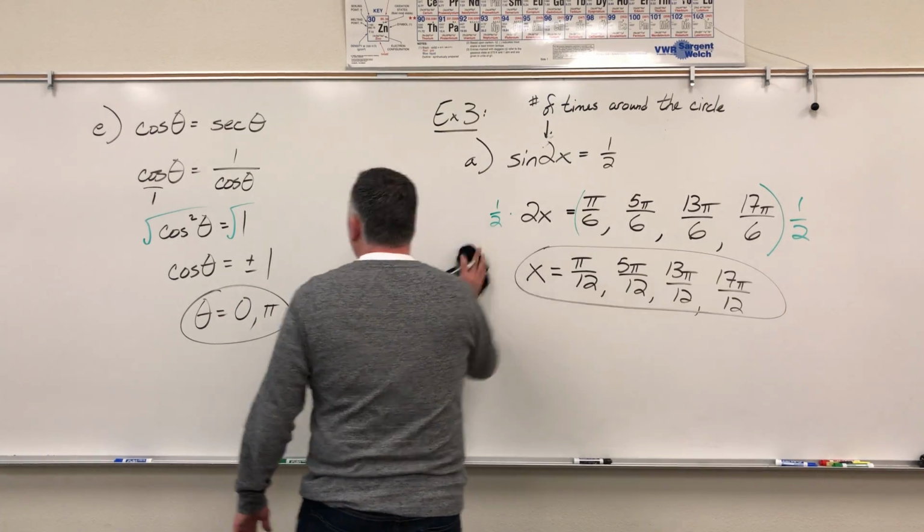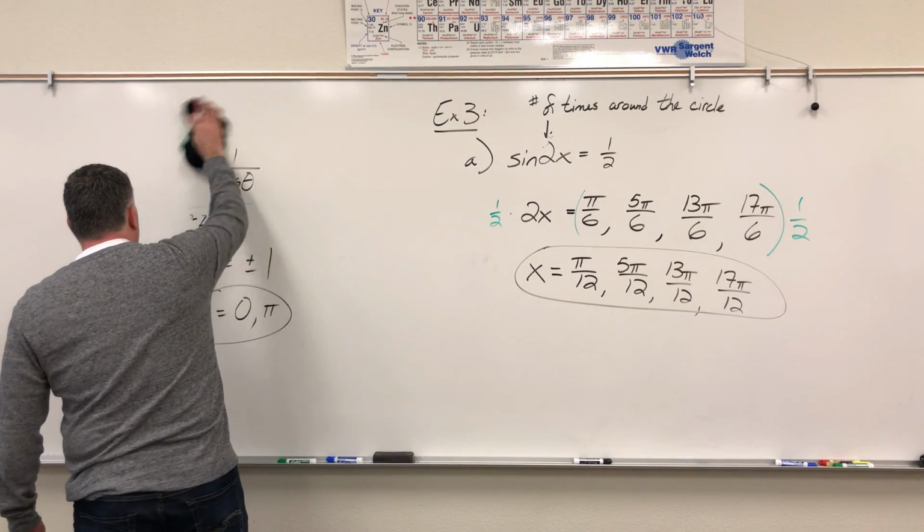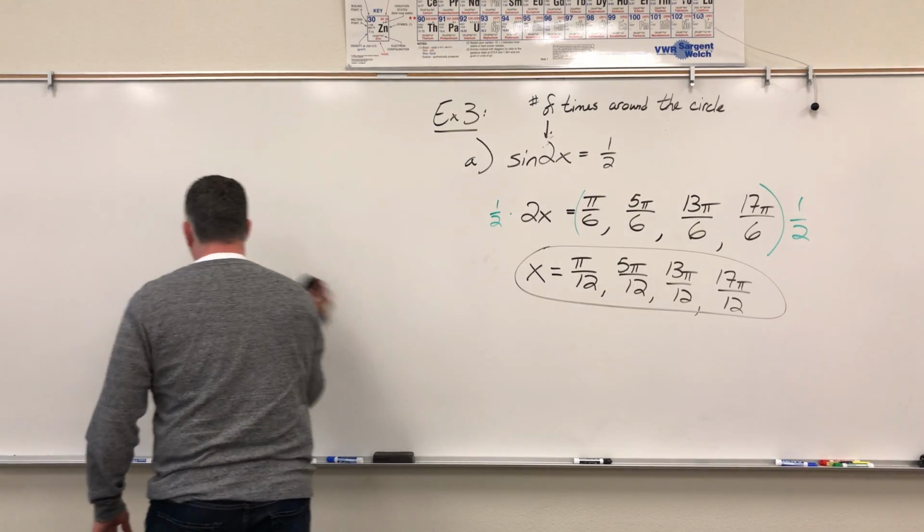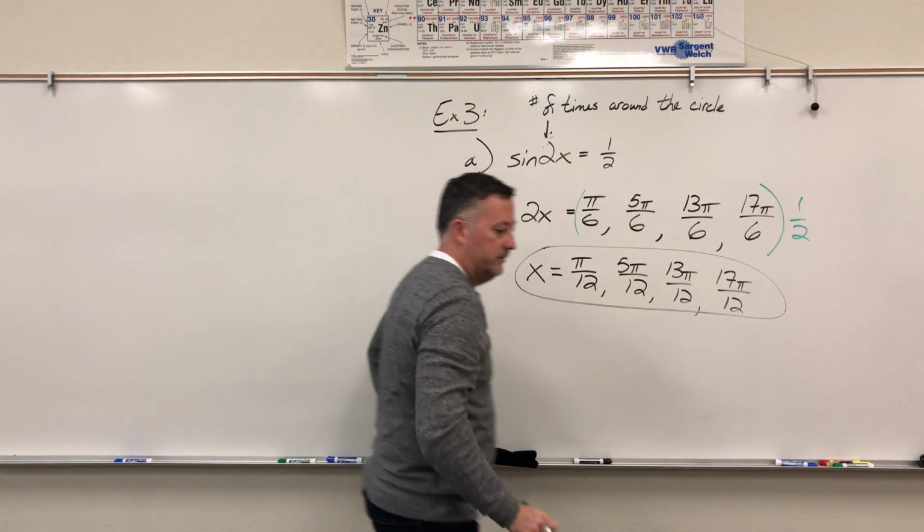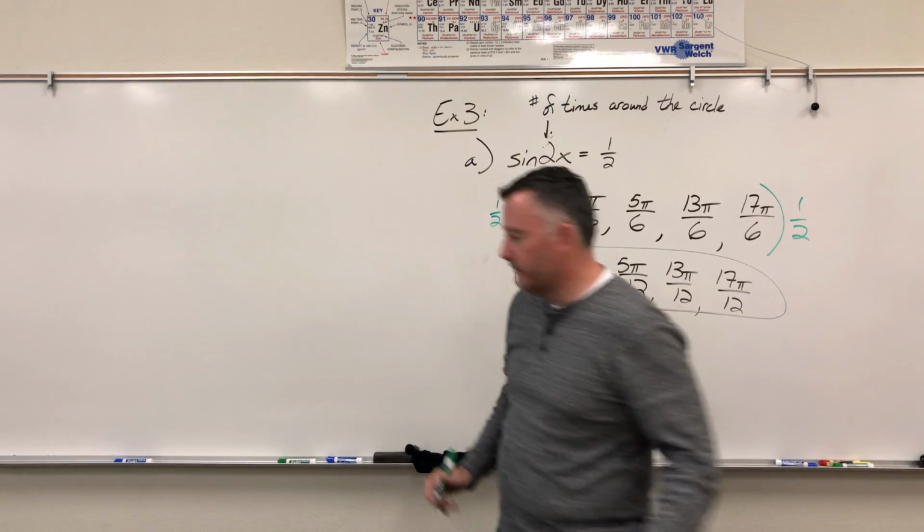So let's try another one. Let's try cosine of 3x is equal to negative root 2 over 2.